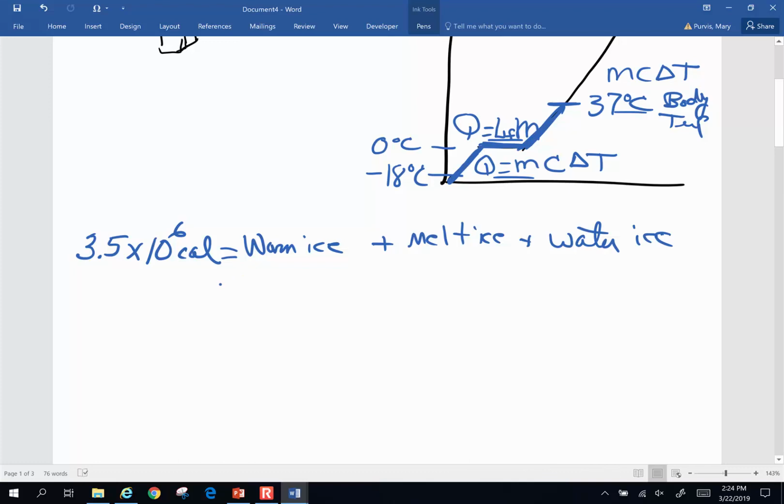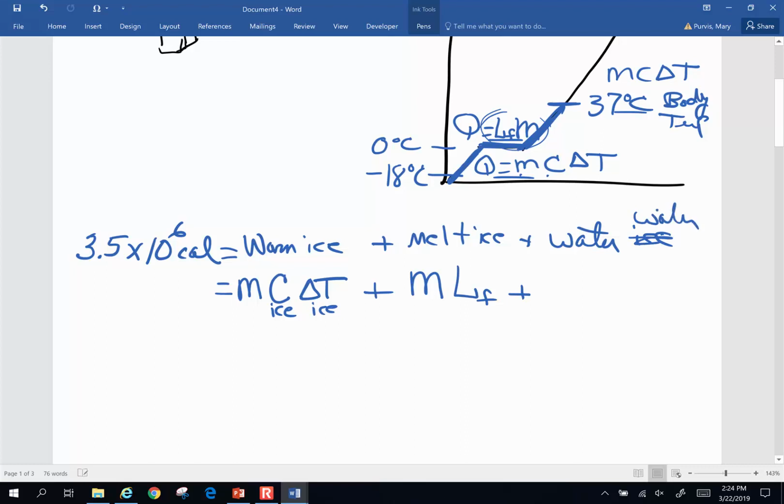So to warm the ice, this is going to be mc delta T, but this is going to be the mass of the ice, specific heat, not of water, but of ice, change in temperature of the ice, plus mass of ice, latent heat of fusion, because I'm in this fraction of the graph, and then warming the water that used to be ice.